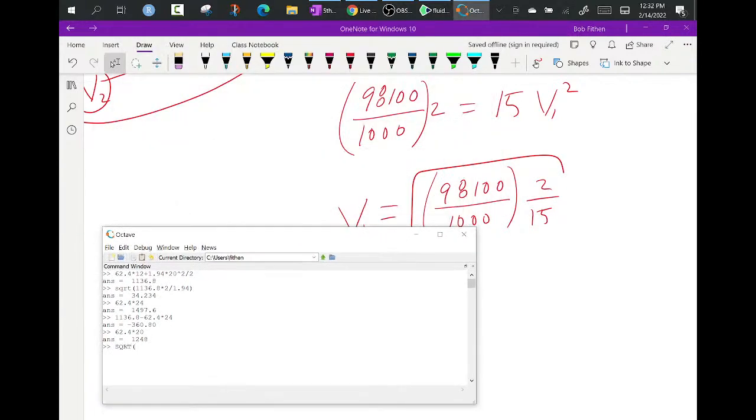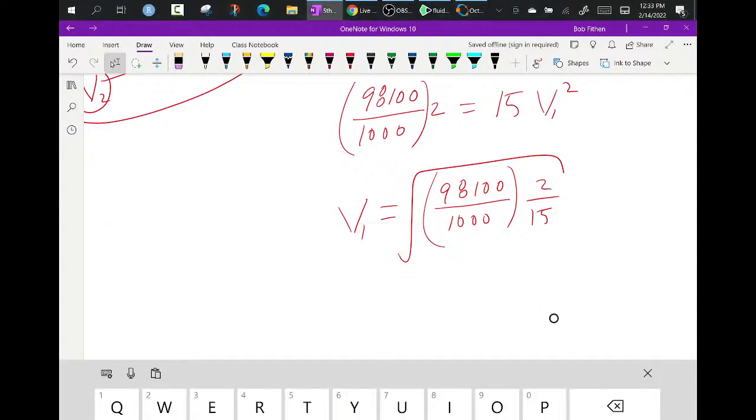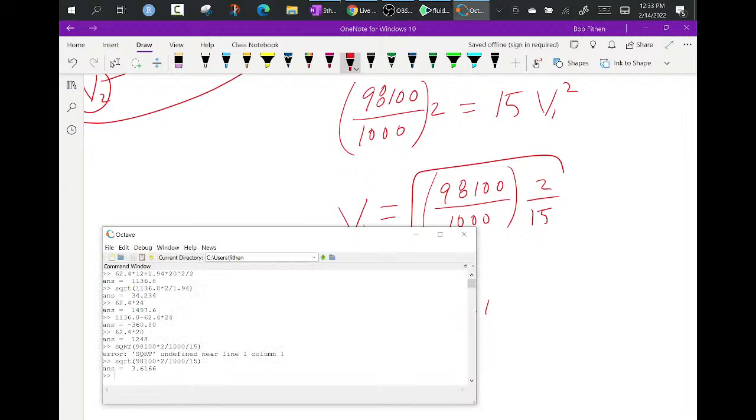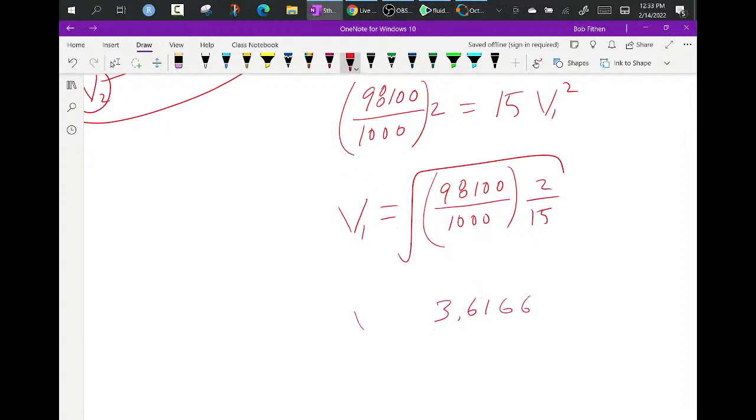Square root of 98 times 2 divided by 1,000, divided by 15, and then I got to close all that out. Caps lock was on. It doesn't like that. 3.61. I don't know. I'm writing down those extra digits.